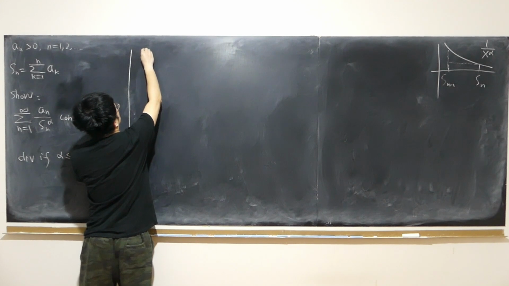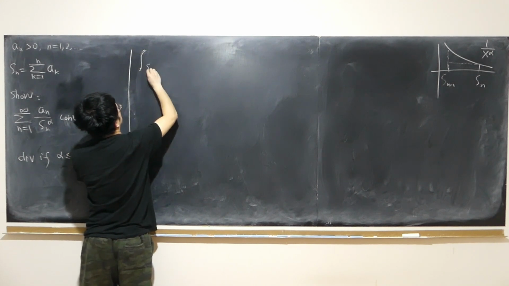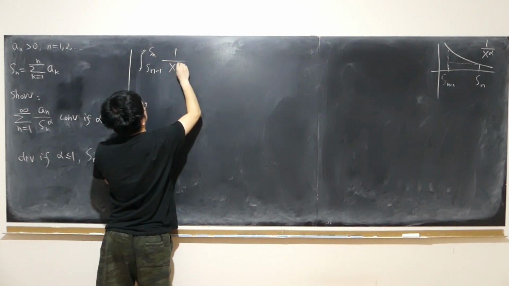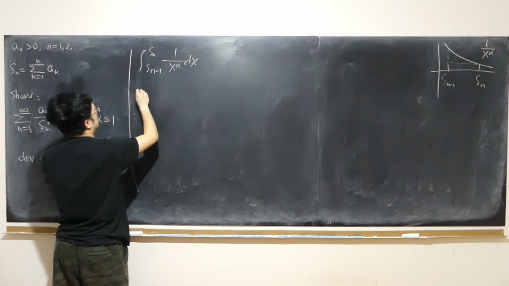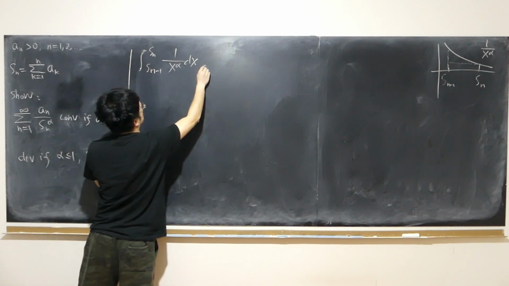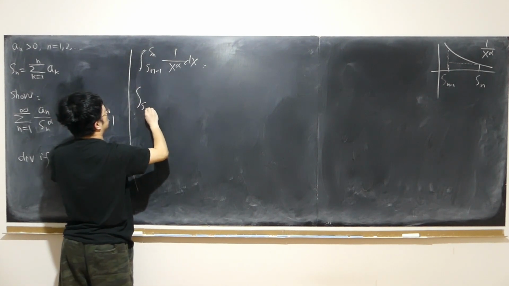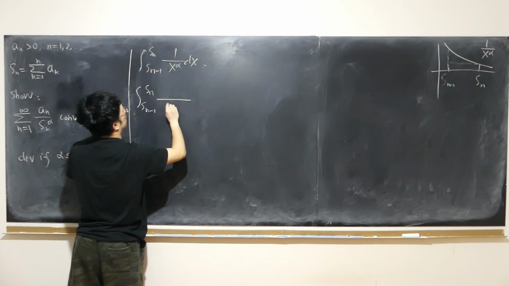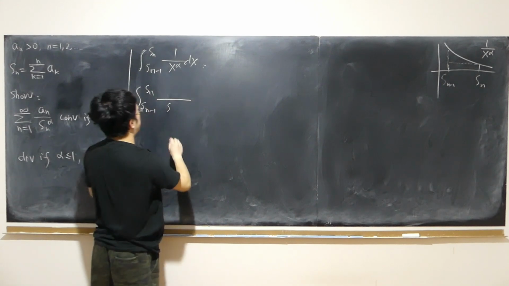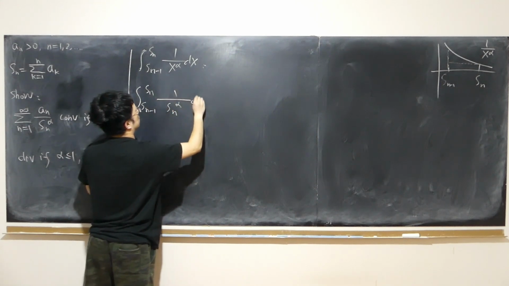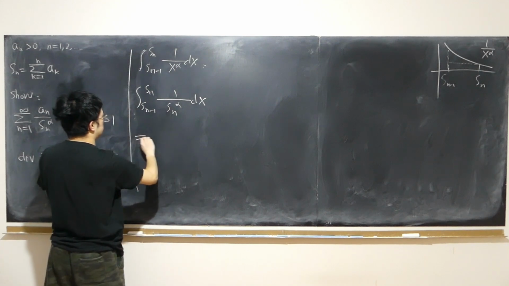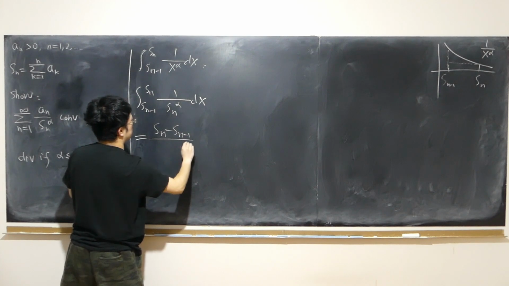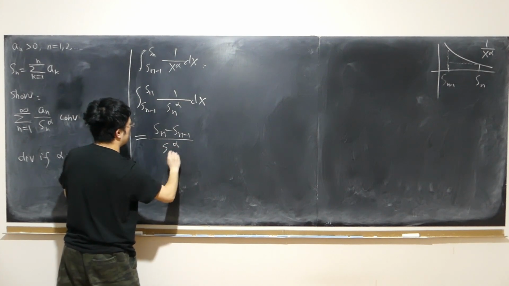Which means, for the integral from Sn minus 1 to Sn of 1 over x to the power alpha dx, if I replace x with Sn to the power alpha, that is equal to Sn minus Sn minus 1 over Sn to the alpha.